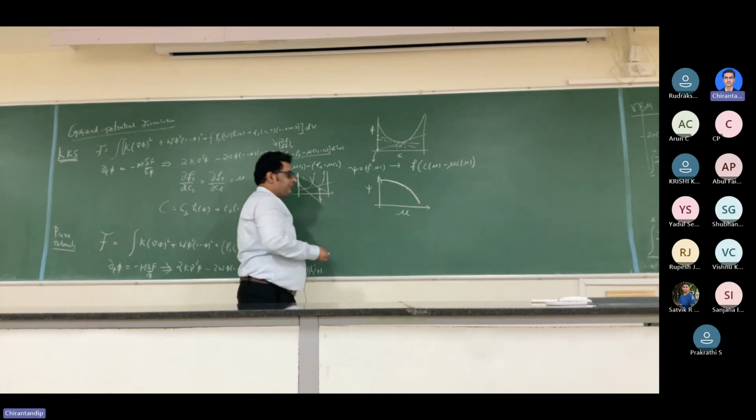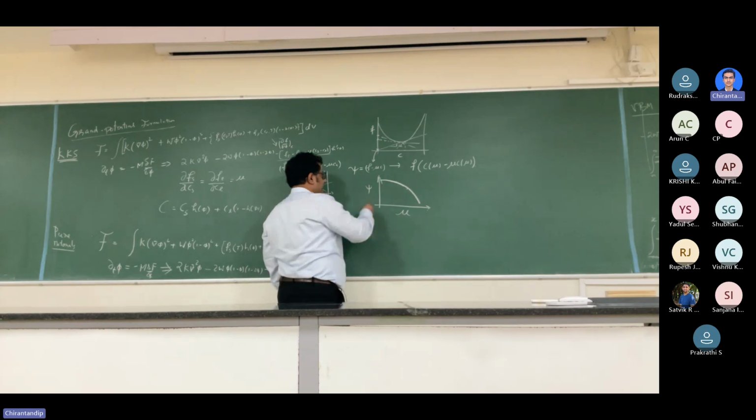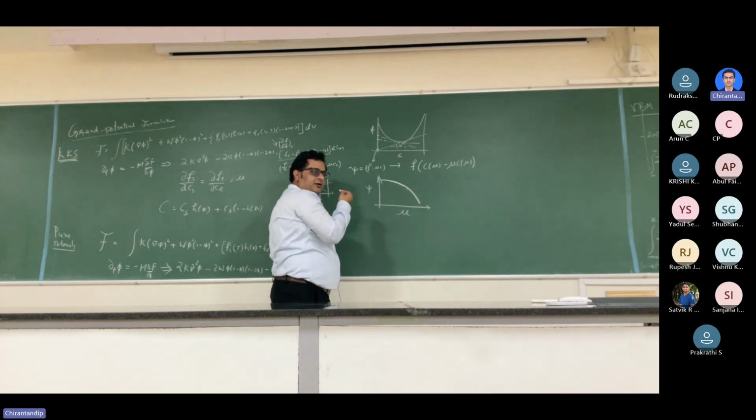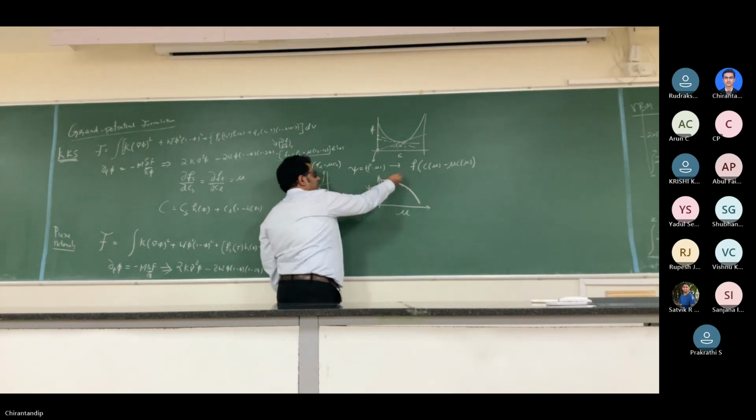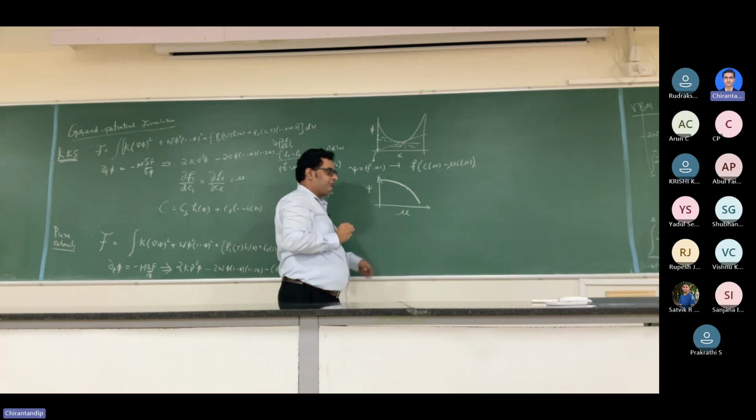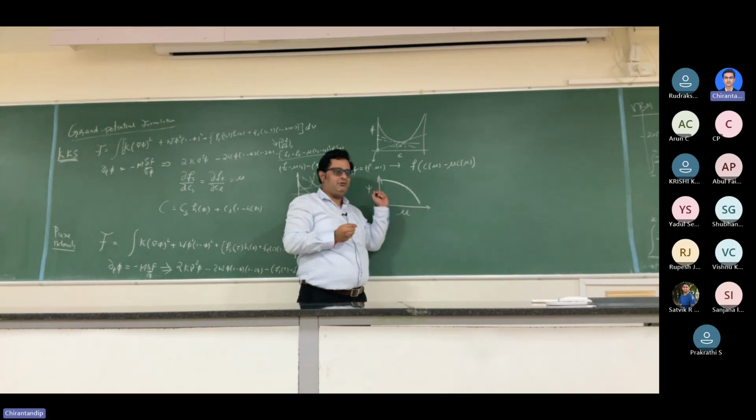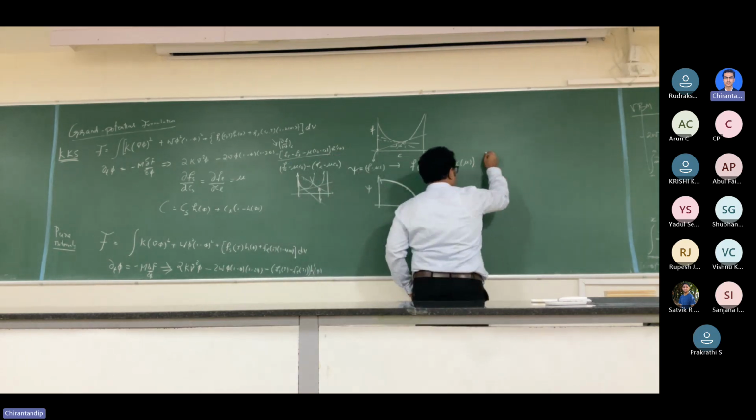To predict the slope, you can do a calculation as you did for the previous part, dou F by dou T. If you take dou psi by dou mu, and if psi is defined by this, what will dou psi by dou T be?